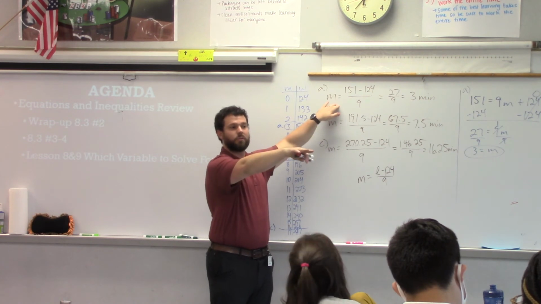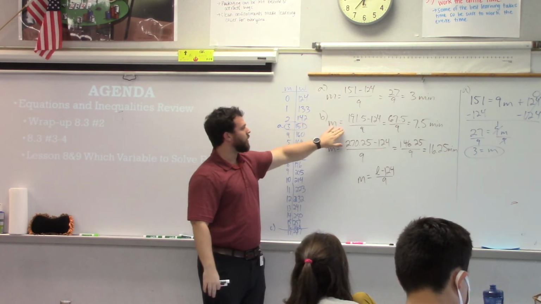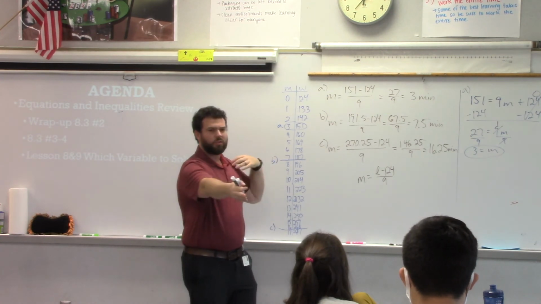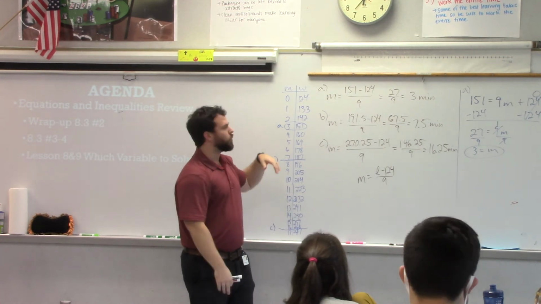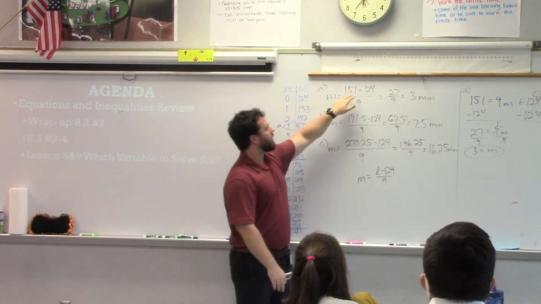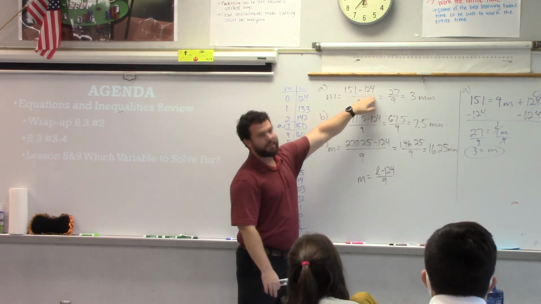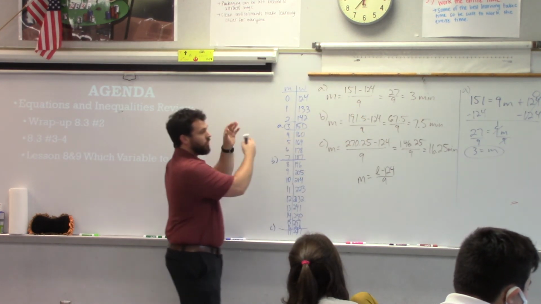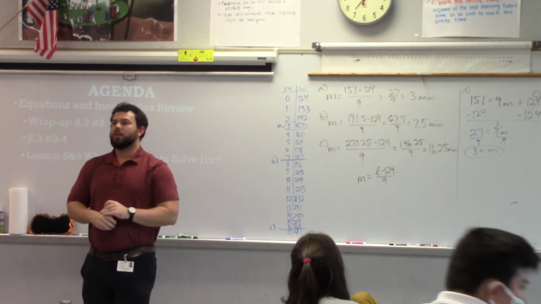That was group 3? Okay, so group 3 came up with this strategy where they found the difference, and we also talked about something similar in one of the groups: in order to get to 151, I had to add 27 to that 124. So these are strategies, these are approaches that you came up with.